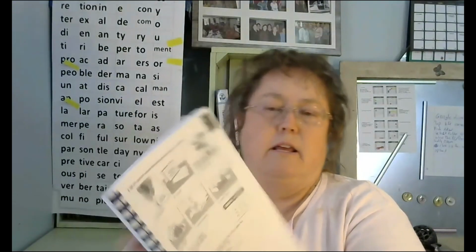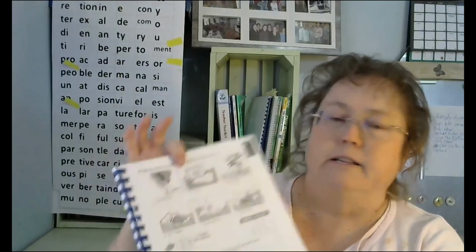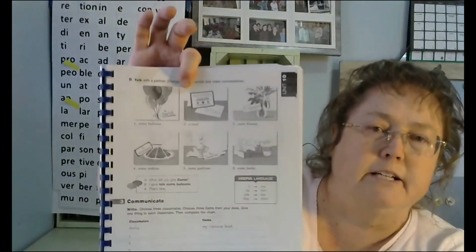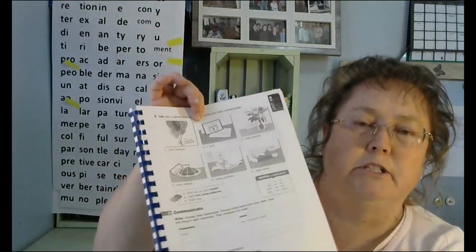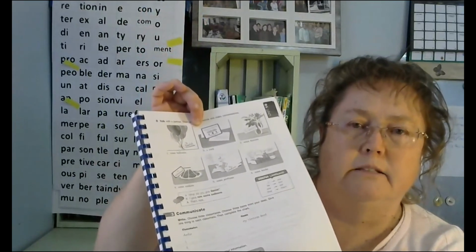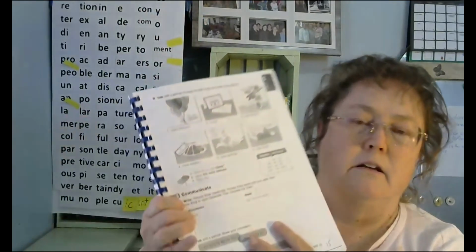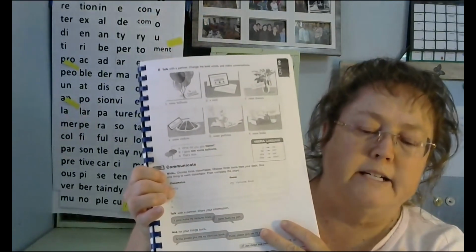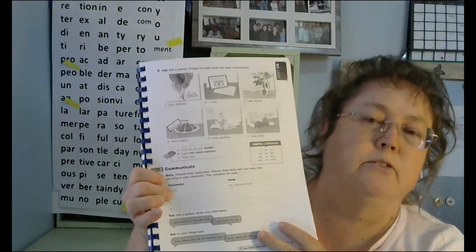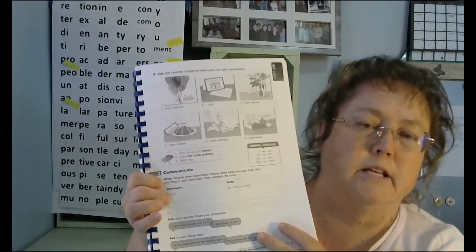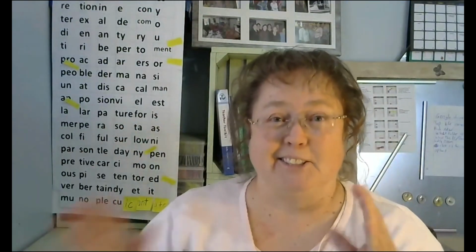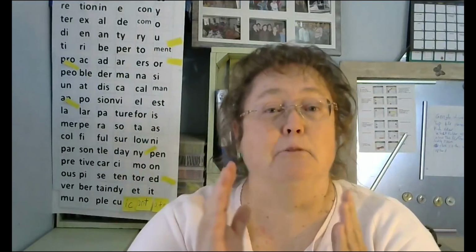So basically on the next page, they want you to do those conversations using indirect objects, him, her, us, them. All right? And then the same thing down here. Write down sentences using indirect objects, the him, her, them, us. Okay? So that's a really short one today, but it's an important one.